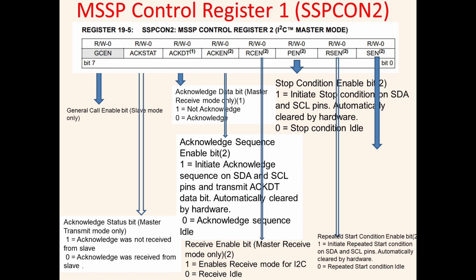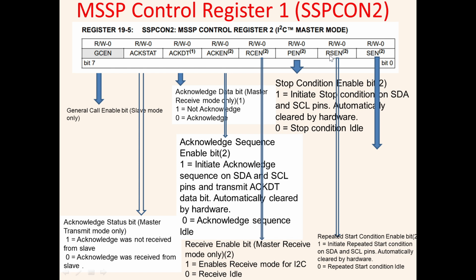And when you put this bit as a 0, that condition will be considered idle. So either the stop condition is idle, or the stop condition is initiated. These two cases will be there for your PEN signal.